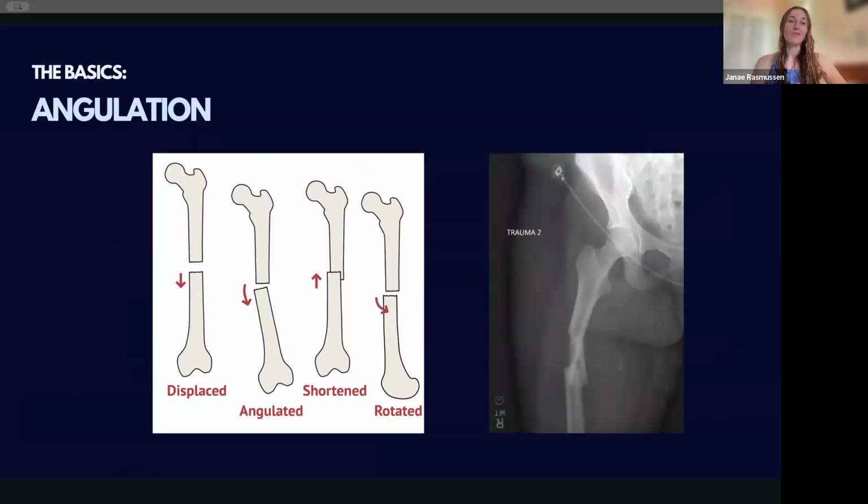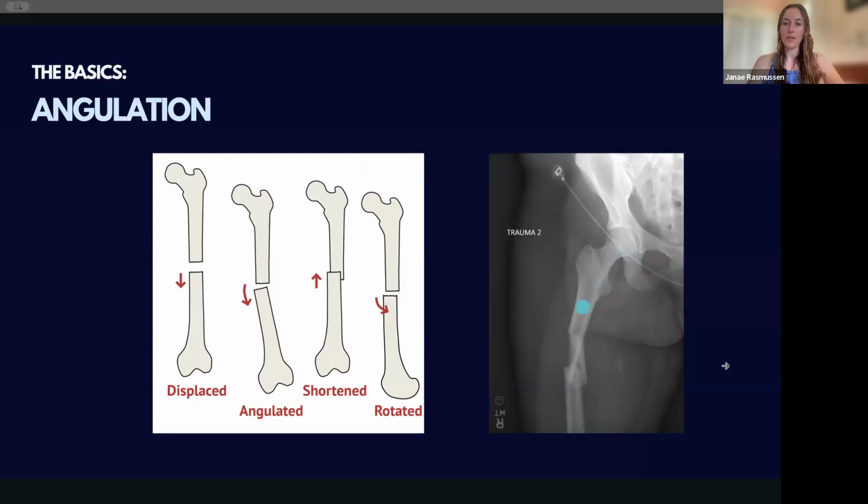Speaking of angulation, you might also have it described as varus angulation or valgus angulation, and it's the same principle of understanding where things are going.